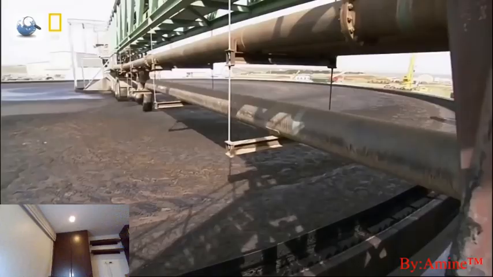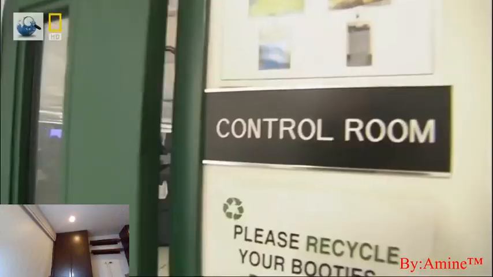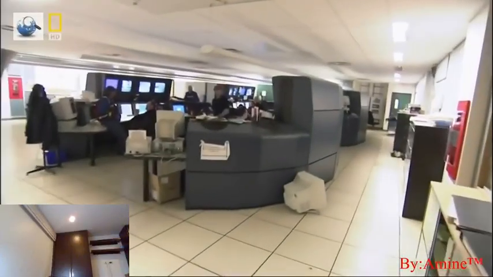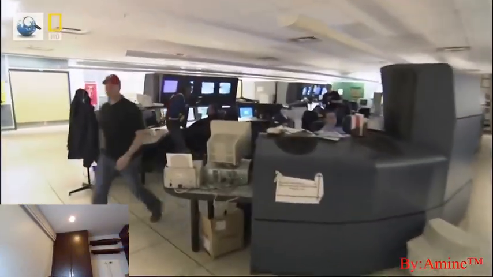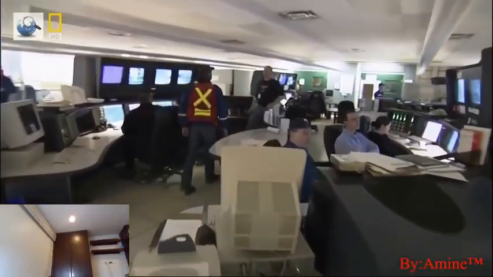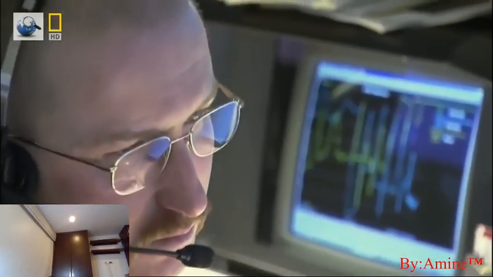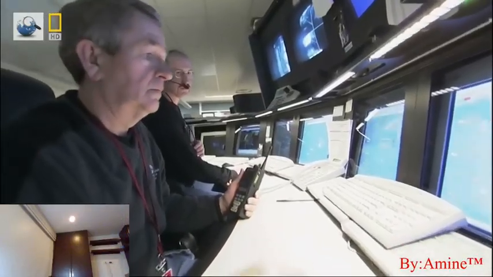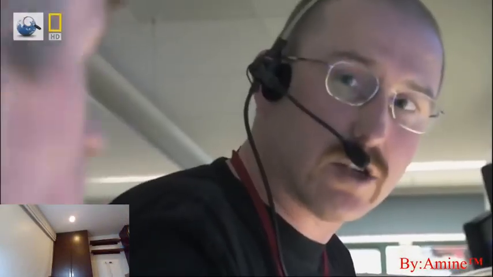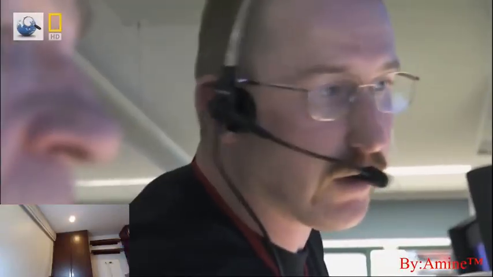If it's allowed to get too stiff, it could cause the system to seize up, like a massive coronary. Here in the control room, Tom Powell oversees the startup. He's like a surgeon, trying to get his patient's ticker up and running after quadruple bypass.